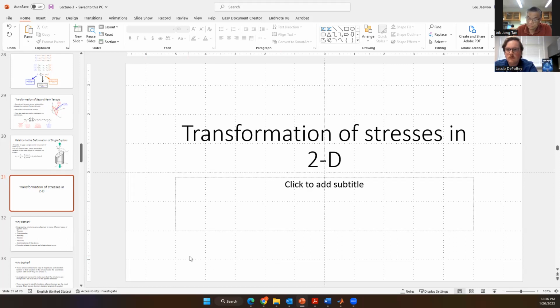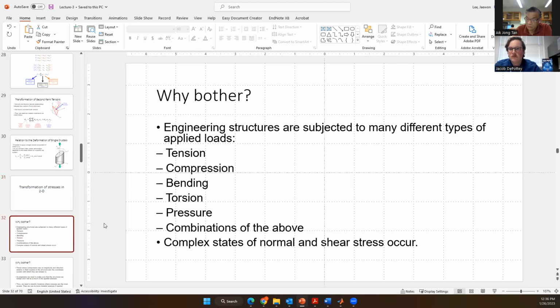Today I would like to study the transformation of stress. There is a lot of pressure, torsion, compression, tension, or bending in a mechanical system, so we need to understand how force affects the materials.